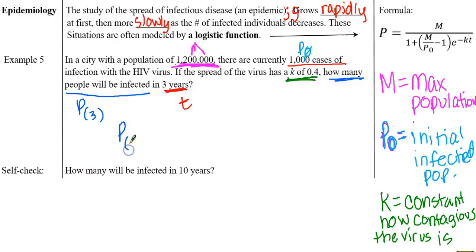Our population of infected at year 3 is 1.2 million.